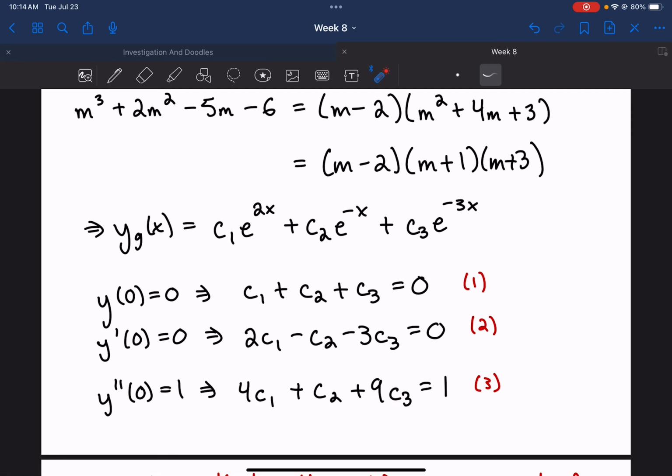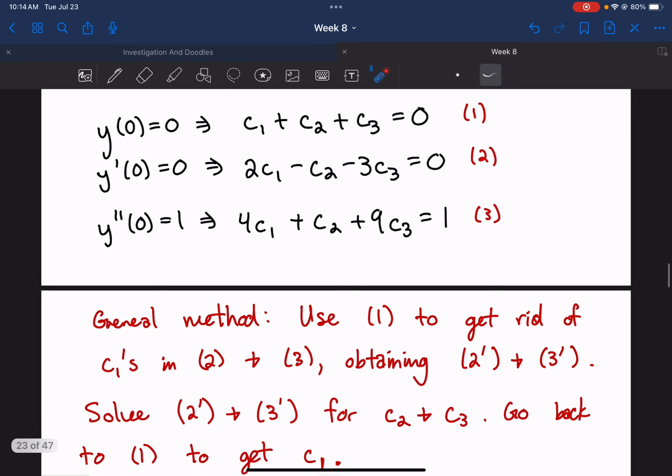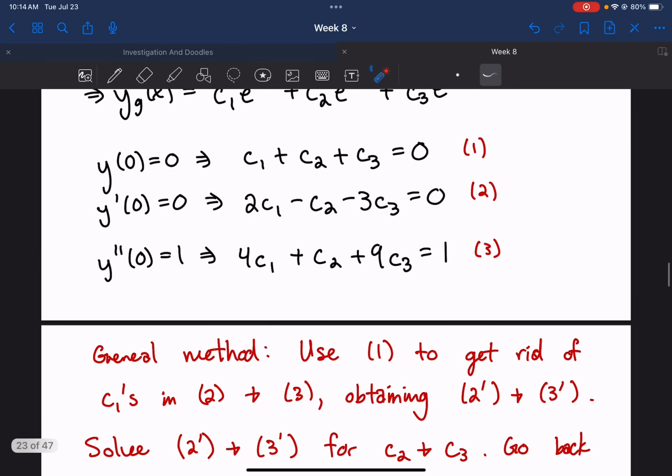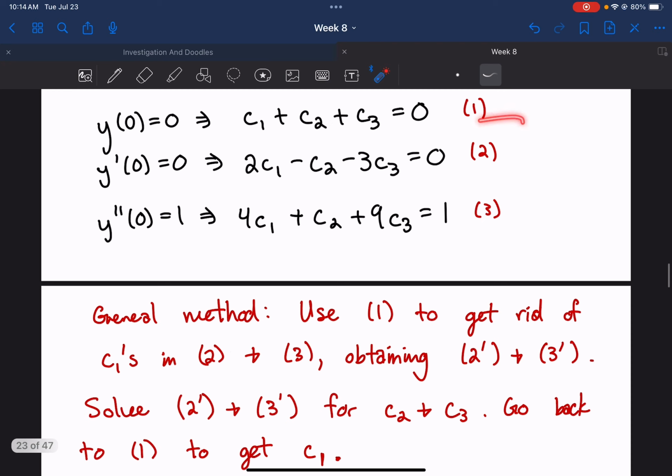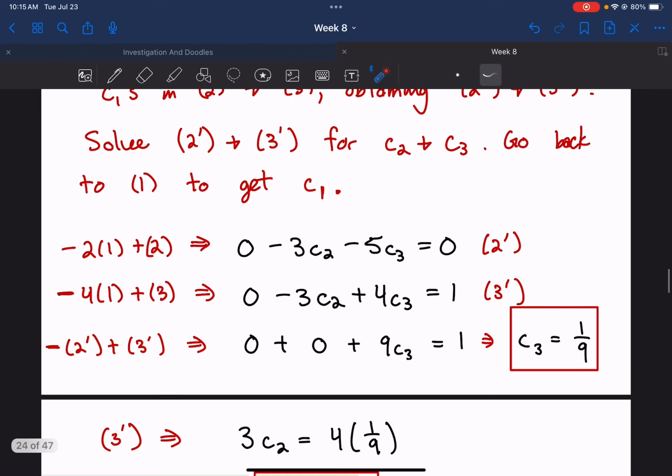Now I'm solving a system of 3 equations in 3 unknowns. Pick your poison, right? The general method is to use the first equation to get rid of the c1s in 2 and 3, obtaining 2' and 3'. And then we can solve 2' and 3' for this pair, c2 and c3, and then go back to 1 to get c1. So here's what you do.